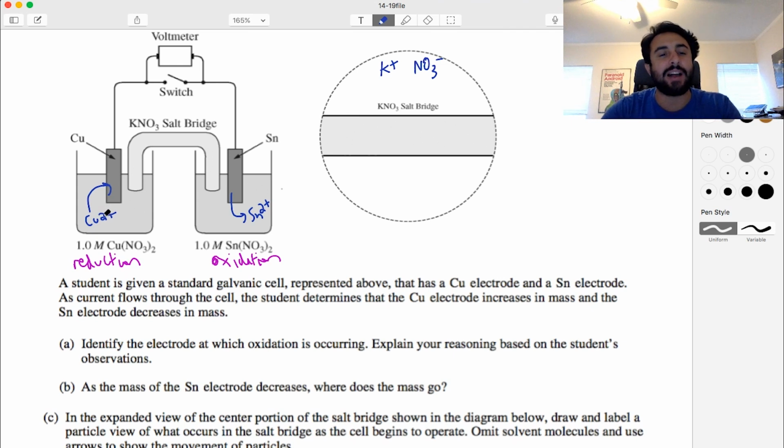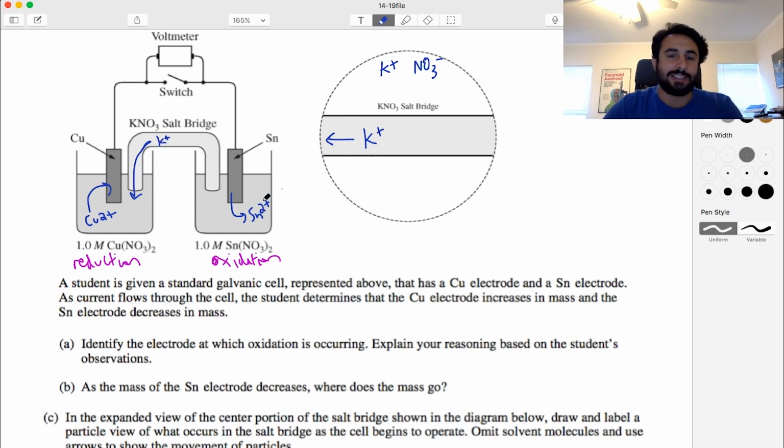Well, as positive ions are leaving solution here to deposit onto the copper atom, potassium cations can go down here, right? These can go down here to balance that out. We're losing positive ions, so more positive ions enter and balance that out.